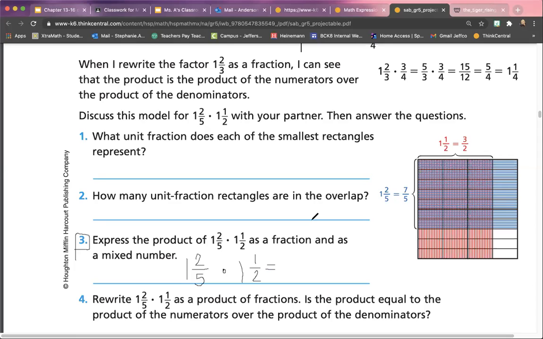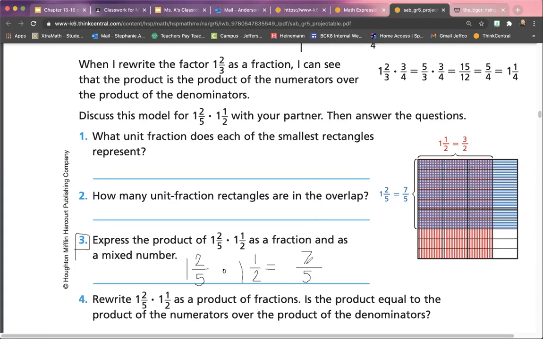So 1 2/5 is 7/5. And how did you do that? Well, I added the 5th to the 2, and it was 7, and the 5 for the denominator always stays the same, and then you just take out the 1. Can you say that one more time, Amelia?